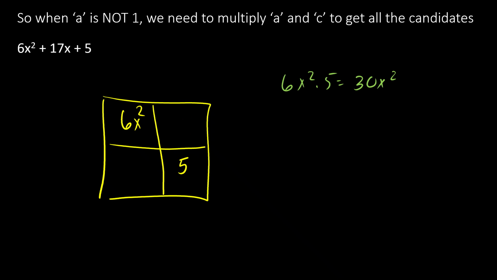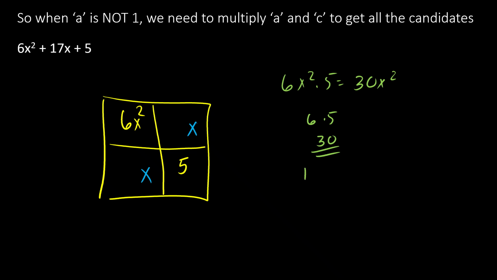But we already know that the x's are going to be coming in from this. And so typically when we're doing the work, we only look at the 6 times 5 because we're reasonably sure the x's will take care of themselves.